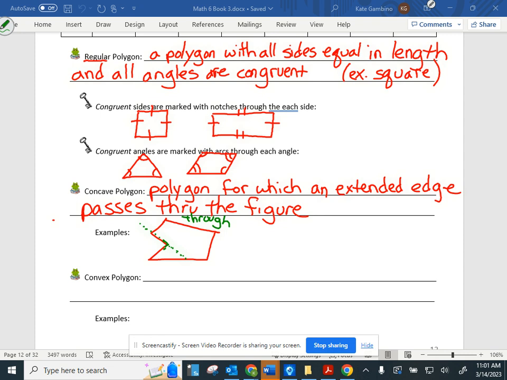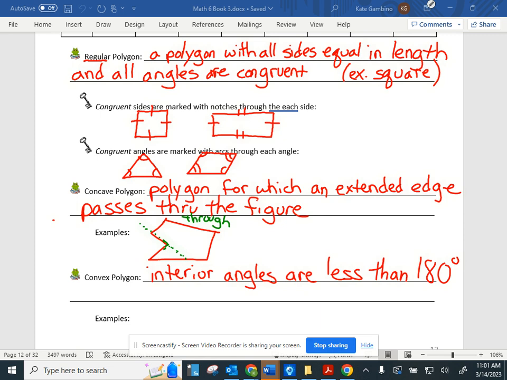The key thing that we do need to know is concave means this line would come inside your figure. It looks like it's caved in. So a convex polygon, we know it's the opposite because the interior angles are less than 180 degrees.